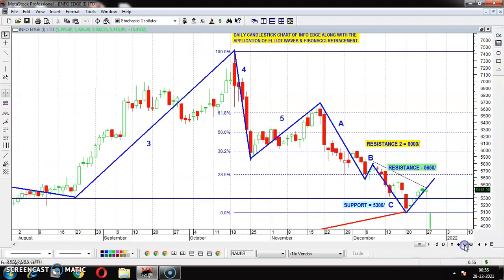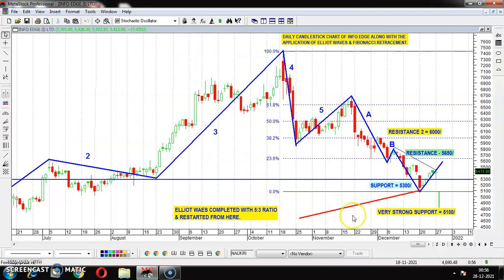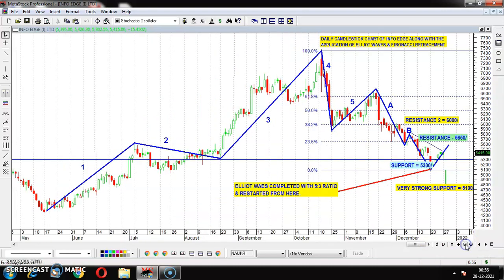Now, apart from the candlestick pattern, I have also drawn a technical pattern, which is known as Elliott waves. I have earlier told you that Elliott waves generally move in the market in a 5:3 ratio. This is the first wave, this is the second wave, and this is the third wave.